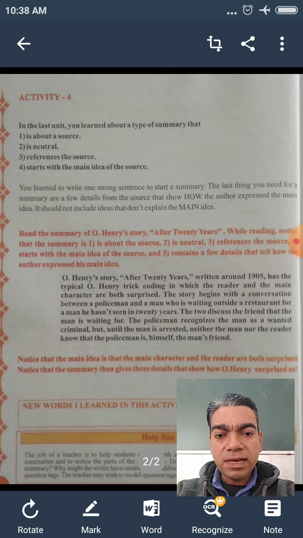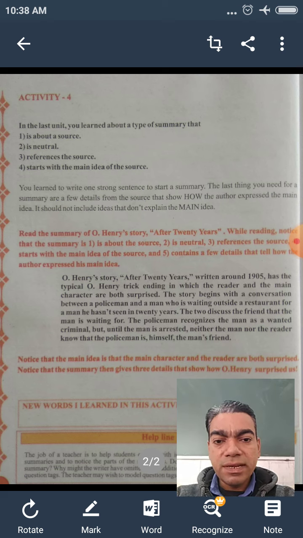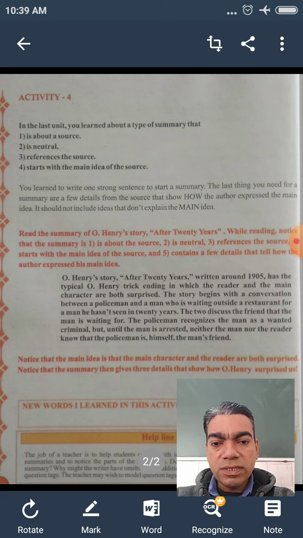The policeman recognized the man as a wanted man. The policeman understood that the man he was talking to was a criminal. But until the man is arrested, neither the man nor the reader knows that the policeman is himself the man's friend.